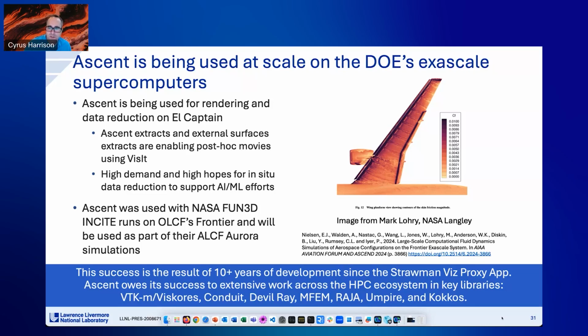About 10 years ago, we created a proxy app before we created Ascent to demonstrate some of the concepts. Then through the ECP program, we and other important teams like the VTK-m team built up this capability, and that's where we are today. So it's not like we did this in a vacuum. We did this with a lot of help from the community.